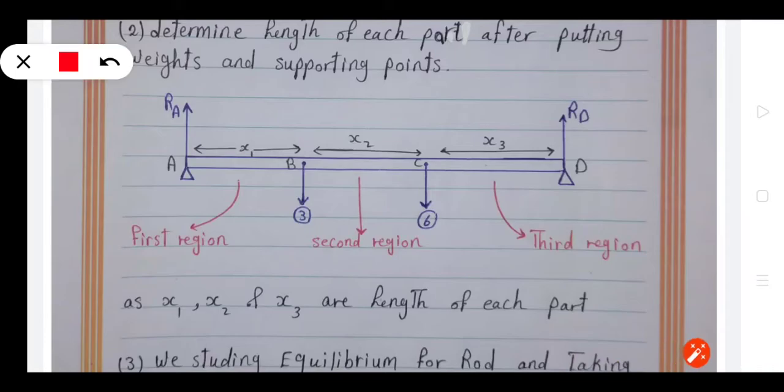The first region is from A, extended to B, not at B. The second region is from fixed point A and before weight 6. And the third region is from fixed point A and before point D.